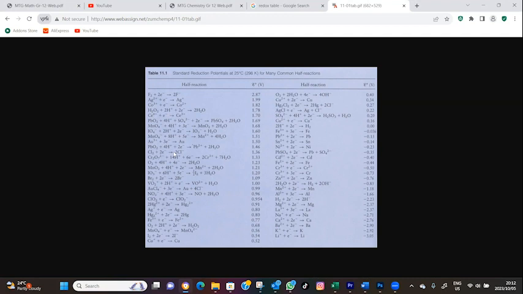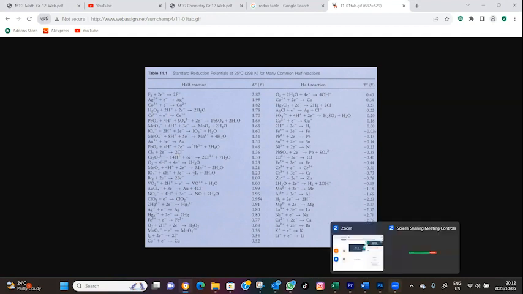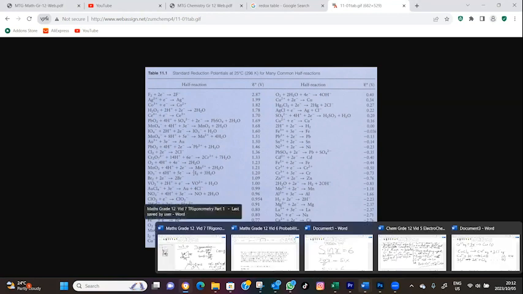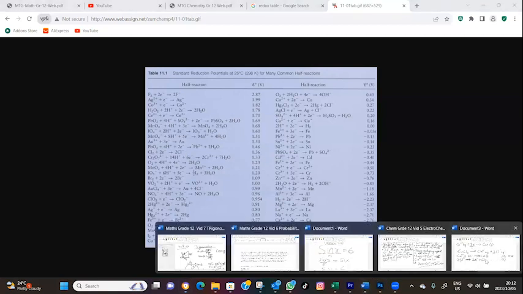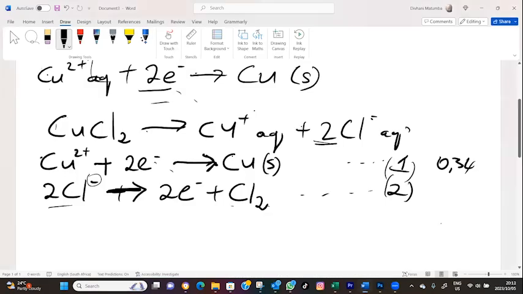Now, what we know is that, okay, this equation has a potential difference of 1.36. This one has 1.36 voltage.